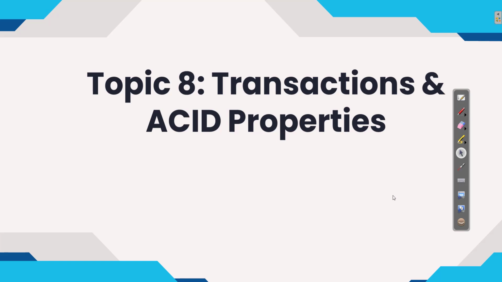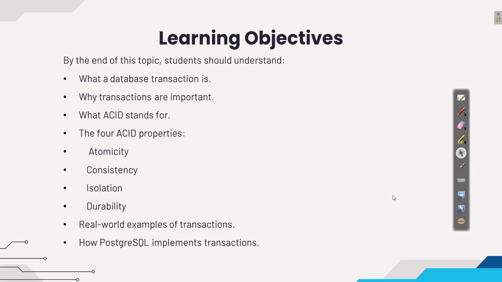Okay, let's deep dive into today's topic. Learning objective: by the end of this topic, students should understand what a database transaction is and why transactions are very important, what ACID stands for, and the ACID properties. The four ACID properties are atomicity, consistency, isolation, durability.